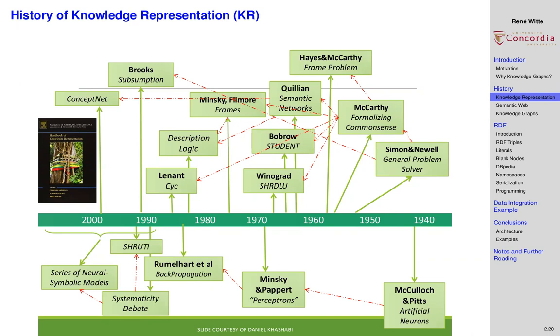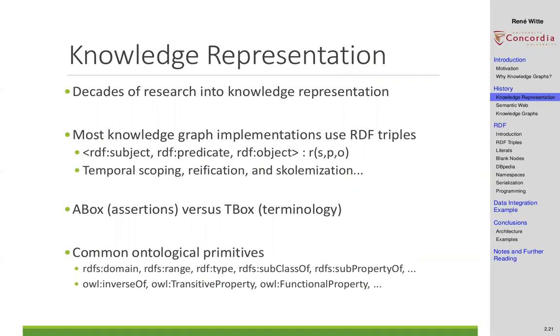And what we do here with knowledge graphs is also not something that's brand new. This is something that people have thought about and worked on for decades. So what's sort of new is a technical standard for writing down these knowledge graphs.